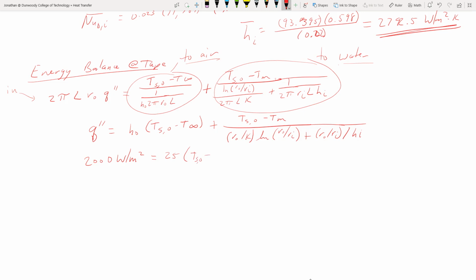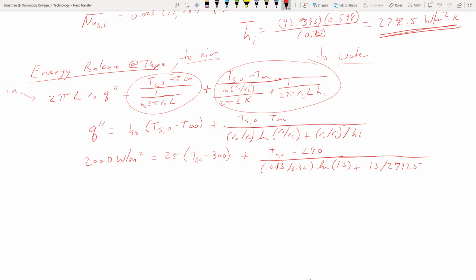TSO minus 300 plus TSO minus 290 over RO, which was 0.00013, divided by 0.35, natural log of 13 over 10, plus 1.3 divided by 2792.5. So the only thing we have unknown here is TSO.